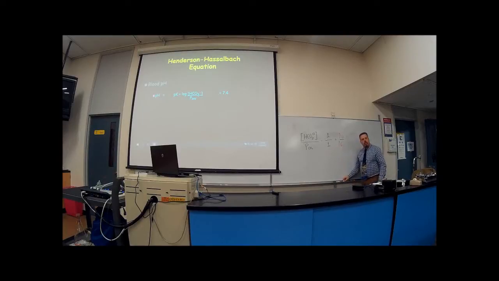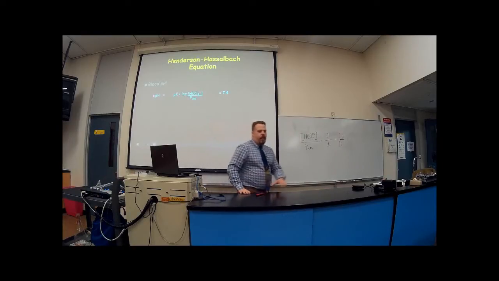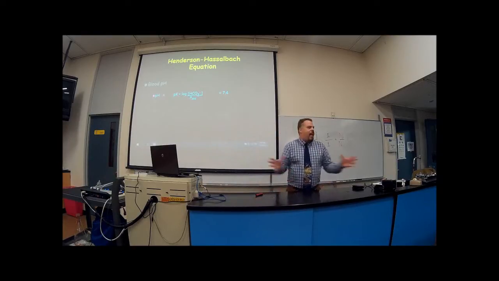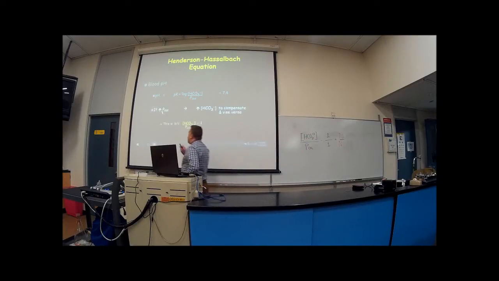But that's what we're going to be talking about throughout the next couple of days, is compensation. You never thought that kidneys and lungs had anything to do with each other until you entered A&P2. But they have a lot to do with each other. Okay? We clear with that? So again, if you increase the CO2, then we have to increase the concentration of bicarb, and vice versa.